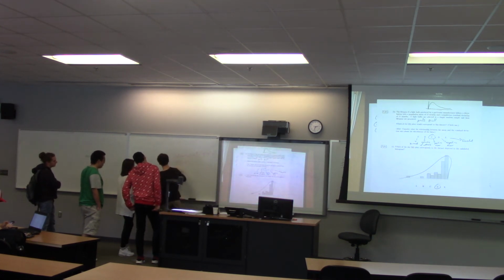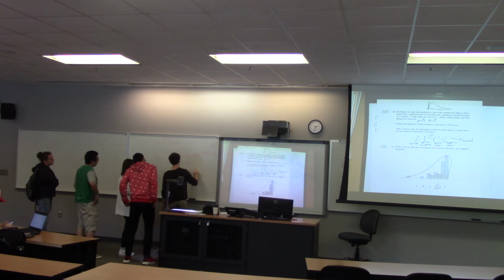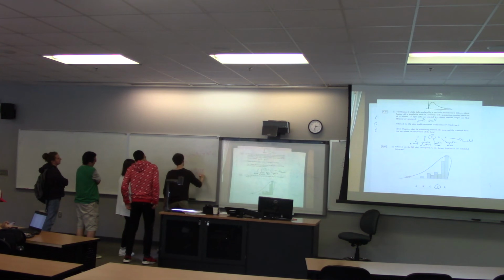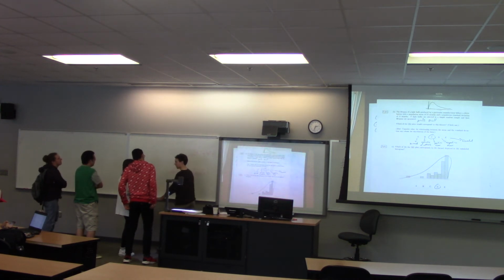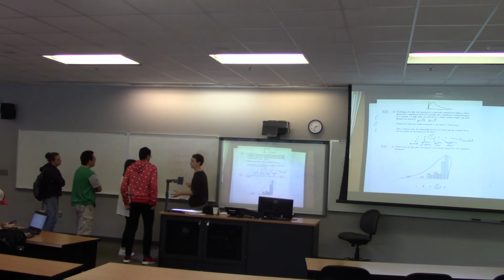So I'm going to take x minus np divided by the square root of np times 1 minus p. I'm going to do the same thing on the other side. And this turns this into a Z, approximately. Now I get this number and I look it up in my Z table.